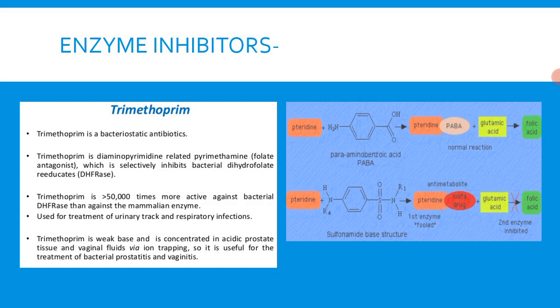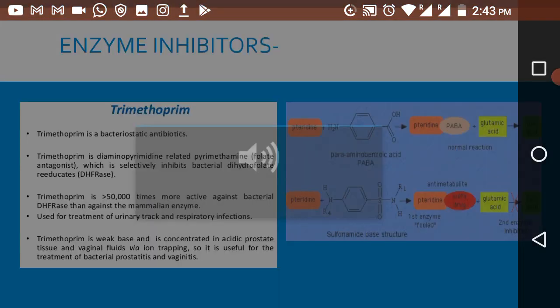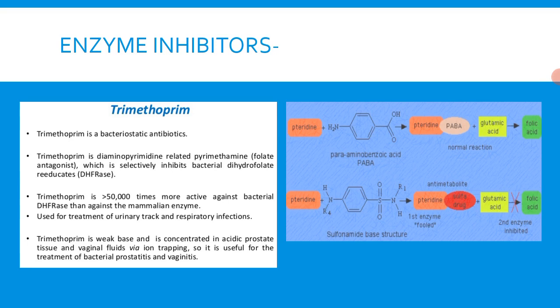This is the sulfonamide action. In trimethoprim, in place of the pteridine there will be the trimethoprim. Otherwise the reaction will be inhibited in the same manner. The only difference between both the drugs is that trimethoprim is a structural analog of the pteridine, whereas the sulfa drug is the structural analog of the PABA.